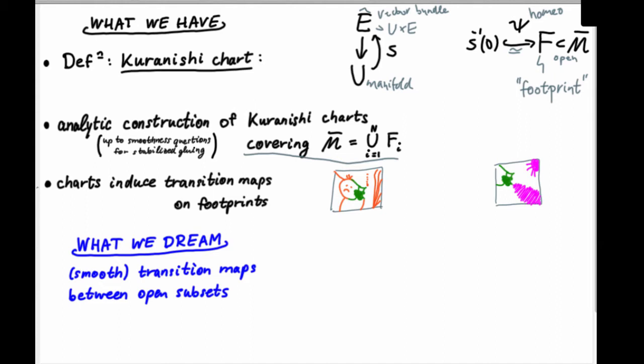This is the one time where I actually want to say what a Kuranishi chart with isotropy is. That's when all of this is equivariant under a finite group action.